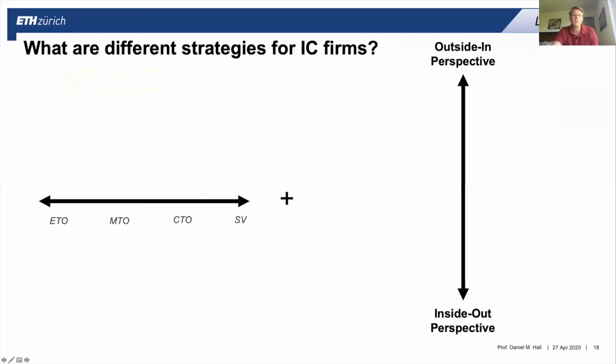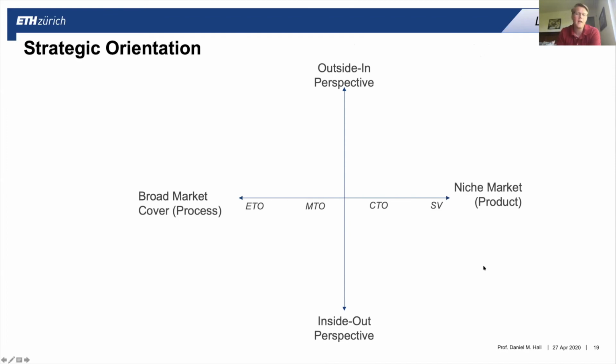So I've put engineer to order on the left, all the way over to select variant on the right. Then you have a vertical axis with your outside-in and inside-out perspective. You put these things together, and now you can create a map of strategic orientations for industrialized construction companies.